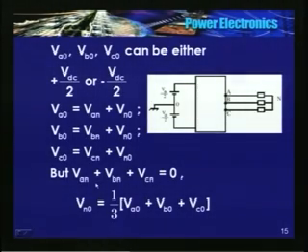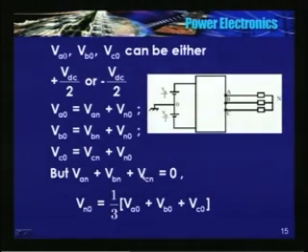Now I will substitute for VNO. So therefore, I can get VAN in terms of VAO, VBO and VCO. See, when the inverter is switching, potentials of A, B, C with respect to O are known. Okay.